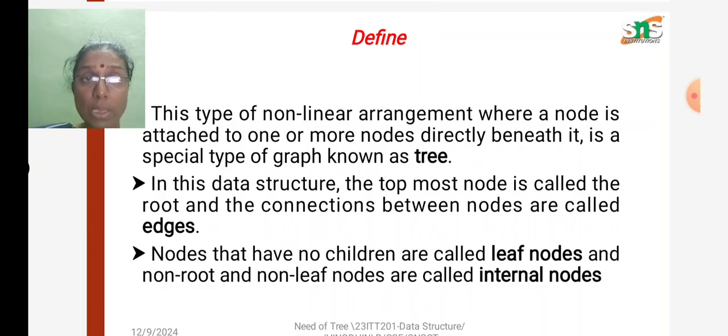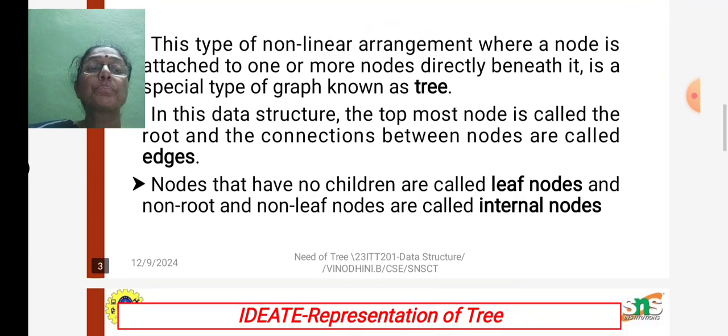Here the grandfather is the root, and the connections between the nodes are called edges. The nodes that have no children are called leaf nodes, and the non-root and non-leaf nodes are called internal nodes. Here Maria's father and her aunt and uncles are the internal nodes. The grandfather is the root, and Maria is a leaf node.